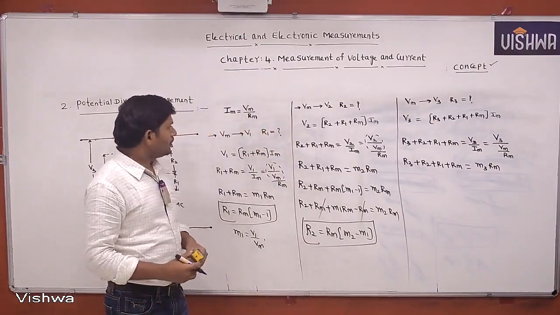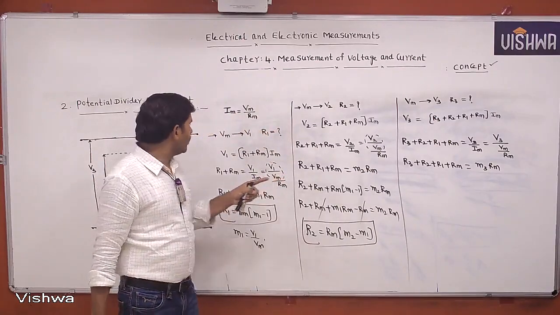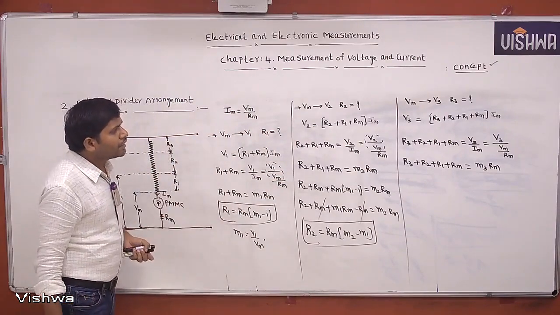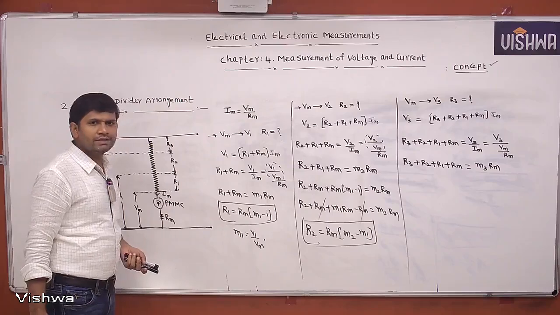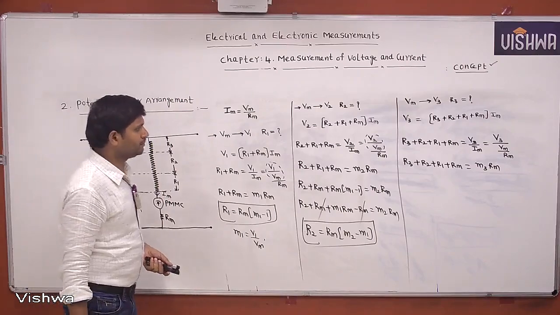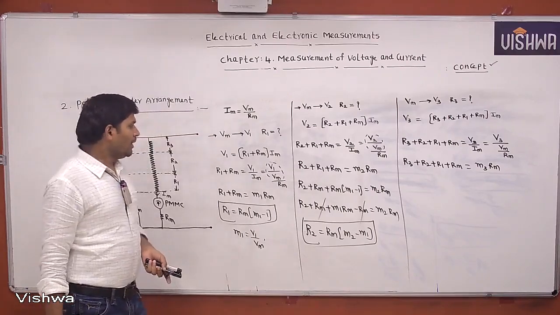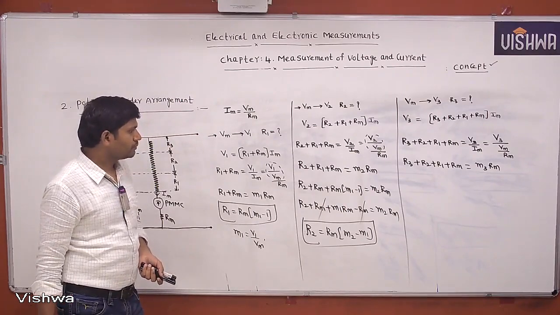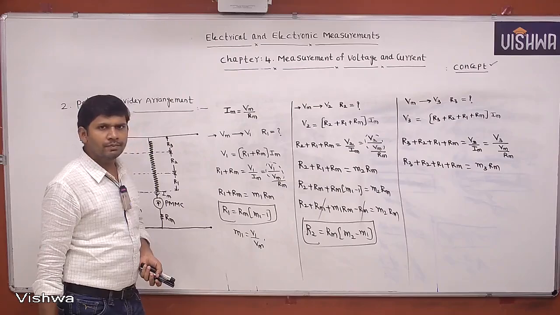This is R3 plus R2 plus R1 plus Rm, which is equal to V3 by Im, that is M3 into Rm. But which one do you want to calculate? You want to calculate R3.